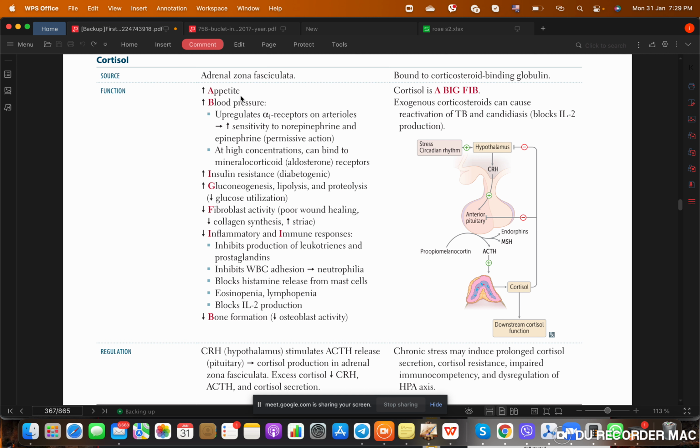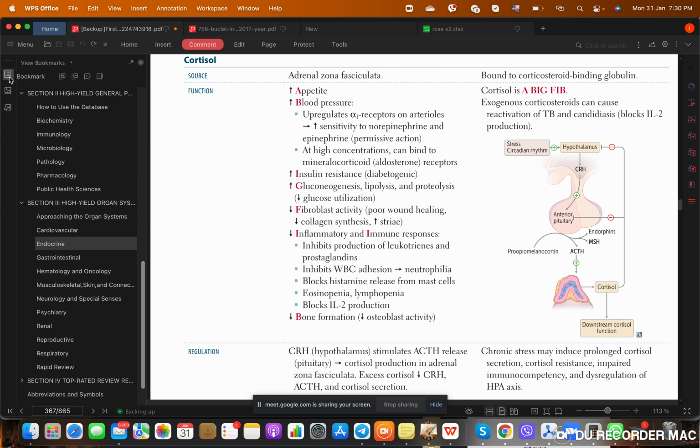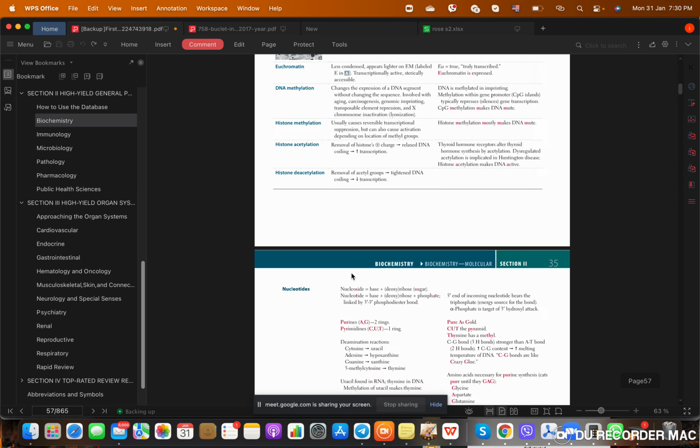So it increases your appetite, and increases your blood pressure as well. How? By upregulating the alpha 1 receptor at the arterioles, and that will lead to vasoconstriction. So there is increased sensitivity to norepinephrine and epinephrine. This is a permissive function. I will actually have to explain how it does it. It's a little bit of biochem basically.